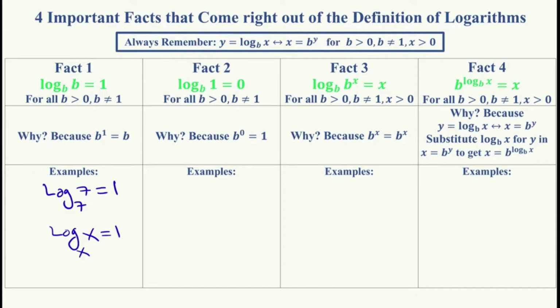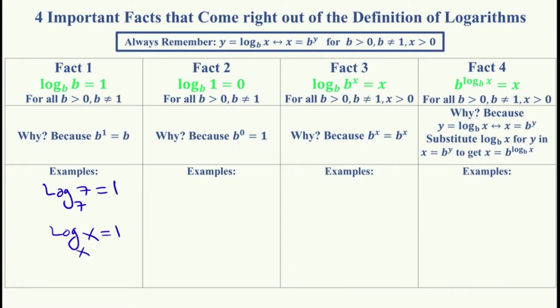Could be variable, it could be constant, any way you want it. All right, so the second fact is that if you take the log of 1, the base doesn't matter as long as it's a legal base, of course, you're always going to get 0. Why is that true? Because look, b to the power of 0 equals 1 for any b. So that's why it's true.